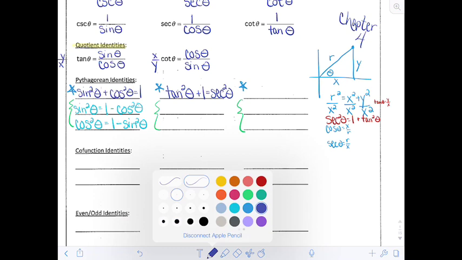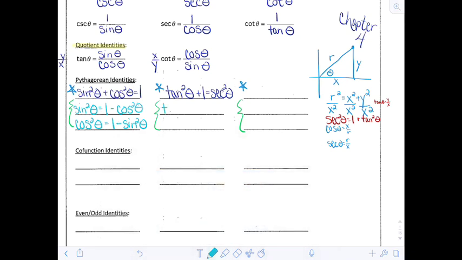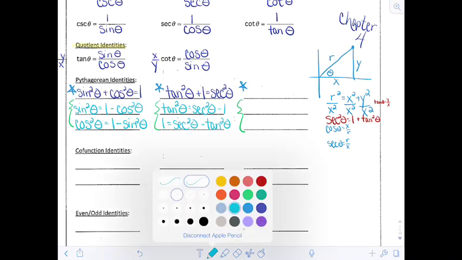So if we were to solve this for tangent squared, I would say that tangent squared theta is equal to secant squared theta minus 1. And I could then say, if I solve for 1, 1 is equal to secant squared theta minus tangent squared theta. And that's the second identity with a couple of manipulations.